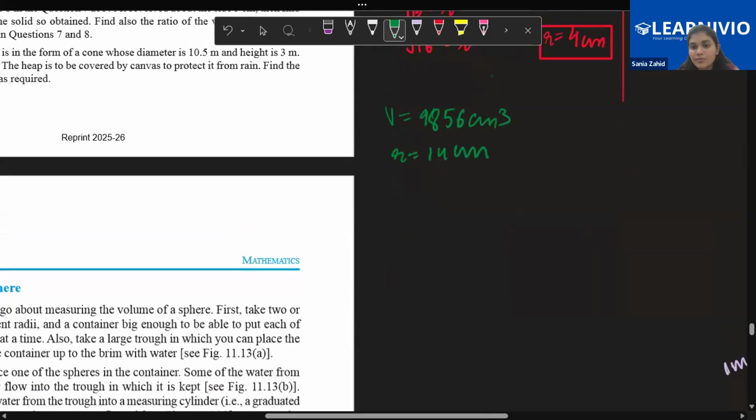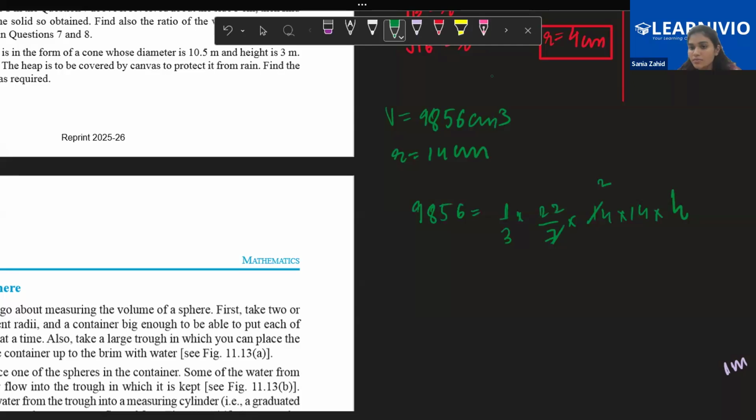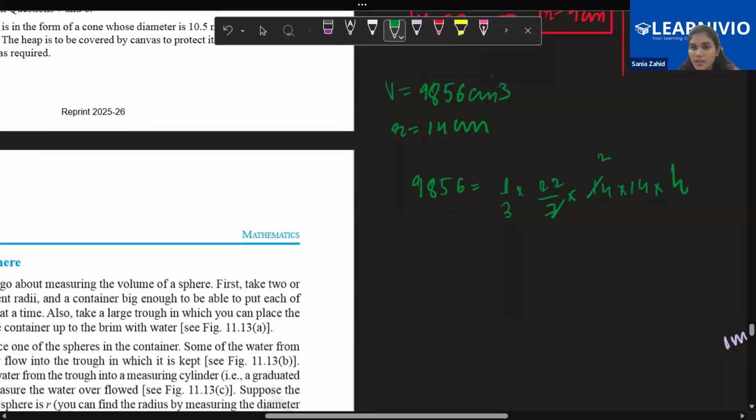So we know volume is equal to one third pi r square h. Seven into two is 14. Okay, then nothing else can be cancelled. So 9856 into 3 divided by 22 into 2 into 14.